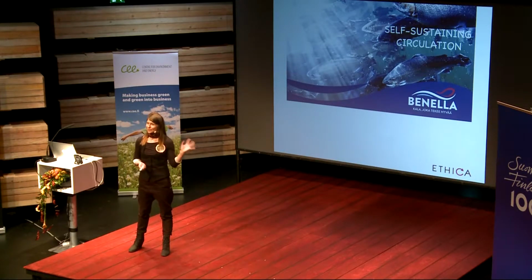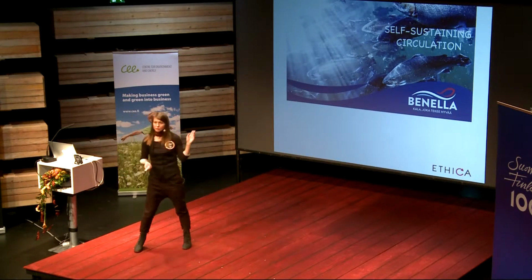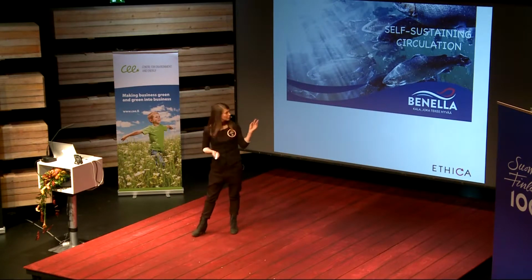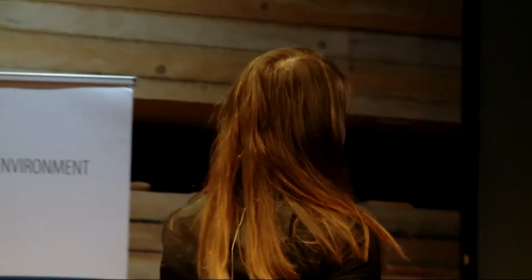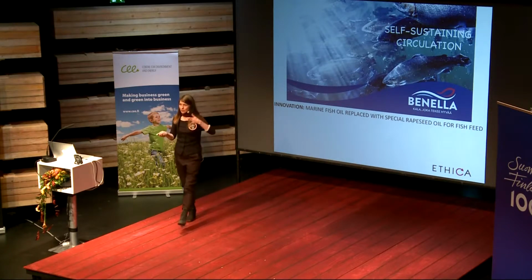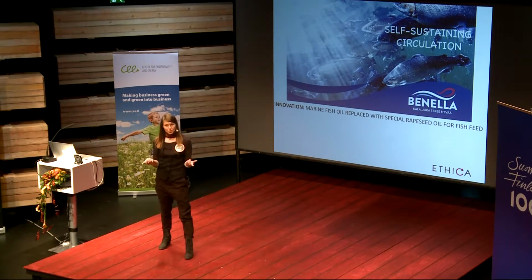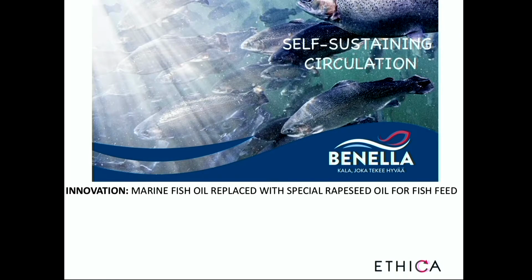Another fantastic Finnish example is Finnish rainbow trout. Has any of you tasted vanilla fish? It's sold in different supermarkets. I think this is a fantastic example, and perhaps not such a typical design example, but what's really been done here is that they've designed a self-sustaining, circulating system. So what's in that example? First of all, there's innovation. Traditionally, if you farm fish, you need something to feed those fish with, right?